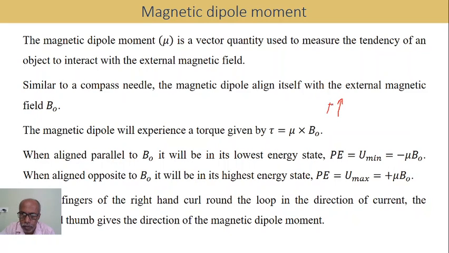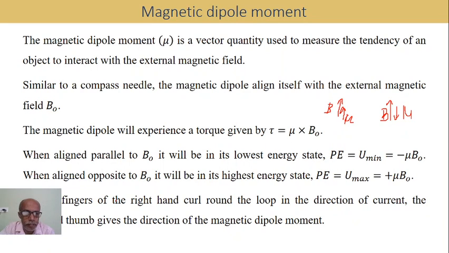Similarly, if this is B naught, the external magnetic field, and if this is mu, oppositely directed or anti-parallel, then the potential energy will be maximum, or it is said to be in its highest energy state.